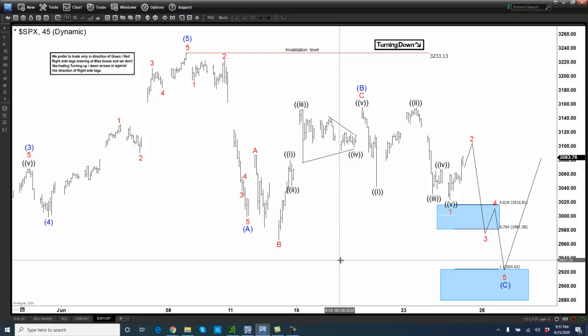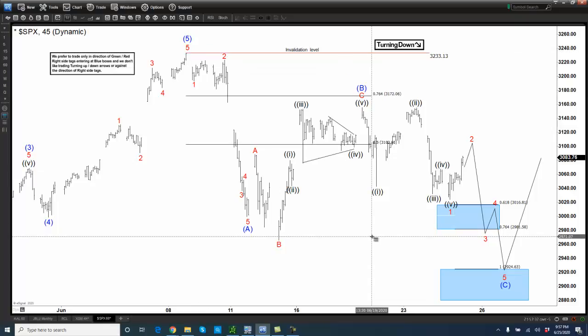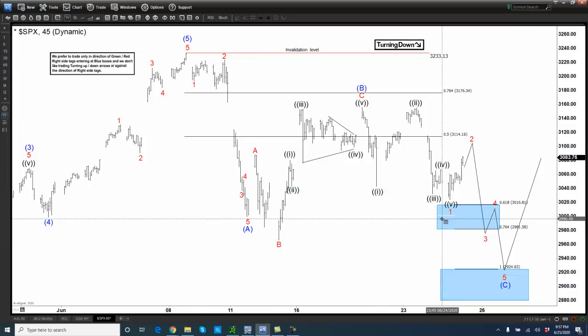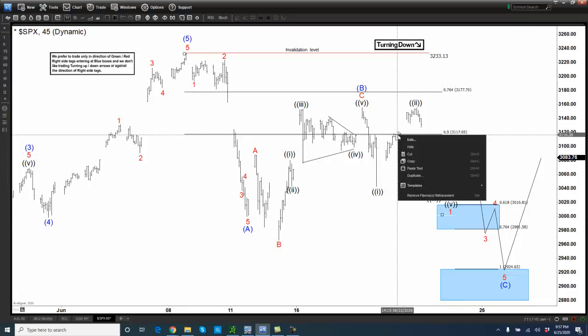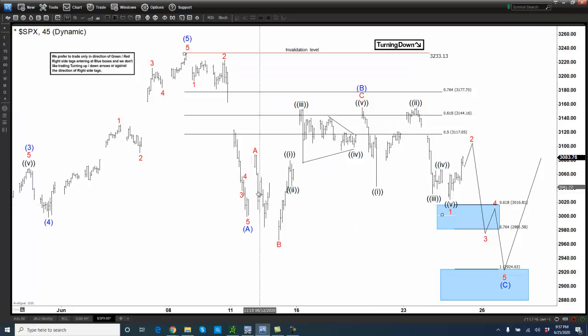Every rally is sold around this area, which is around the 0.618 retracement area of the decline over here, assuming it did 5 waves down.